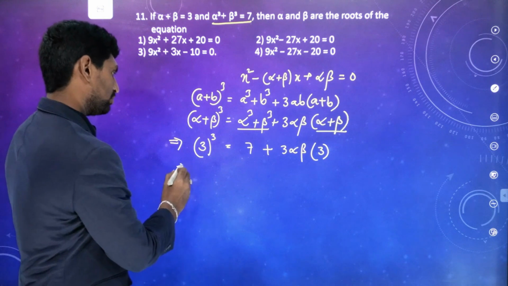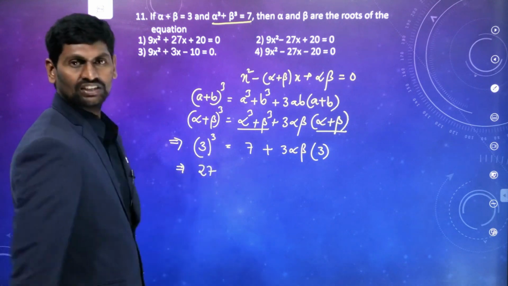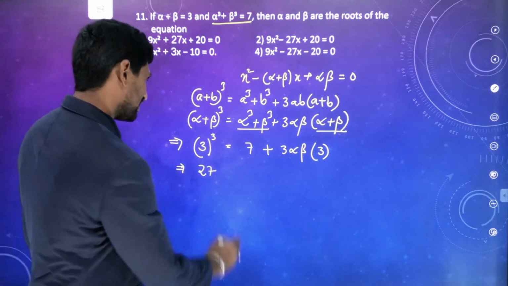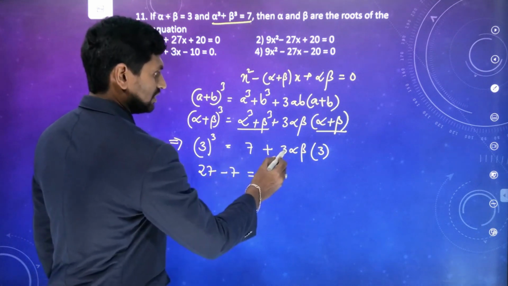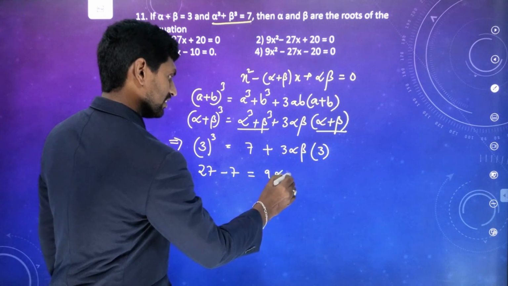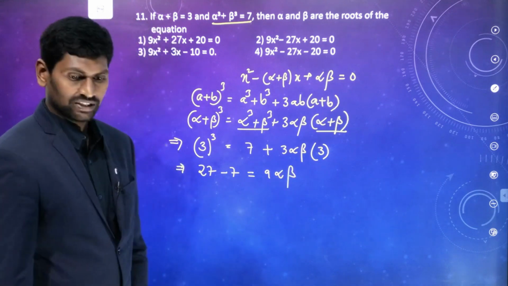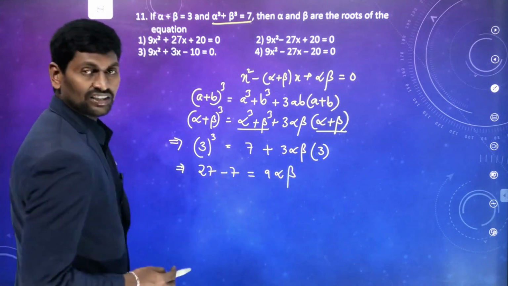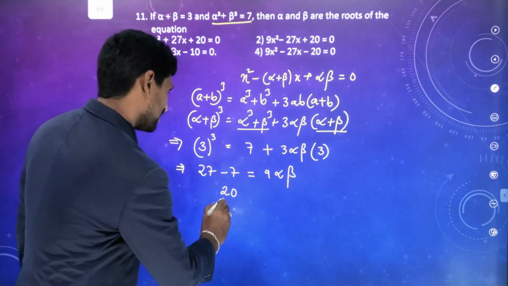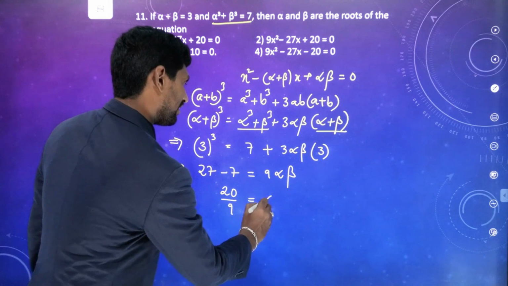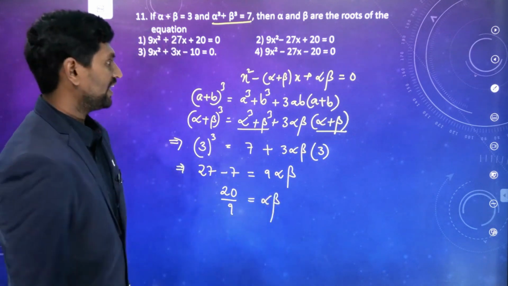So 3 cube is 3 into 3 into 3, 27, equals 7 plus 9 alpha beta. Bring 7 to this side, it becomes minus 7: 27 minus 7 is 20, equal to 9 alpha beta. When you transpose 9, it divides. So alpha beta value is 20 by 9.